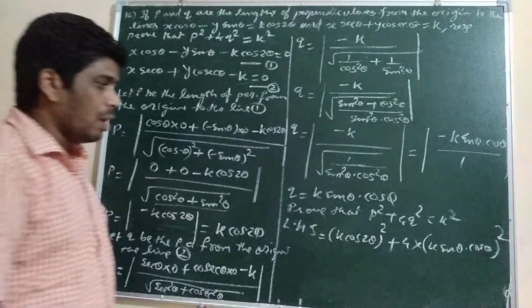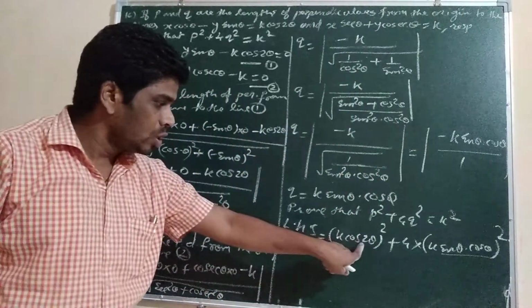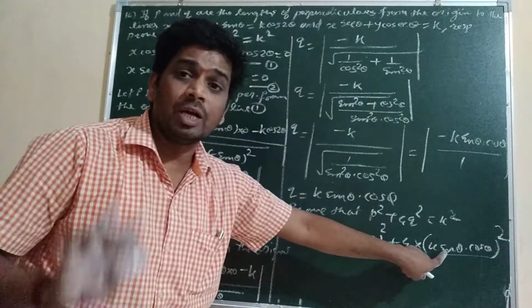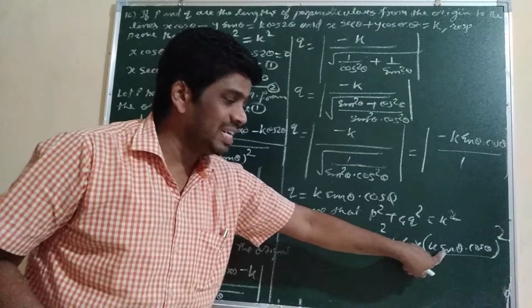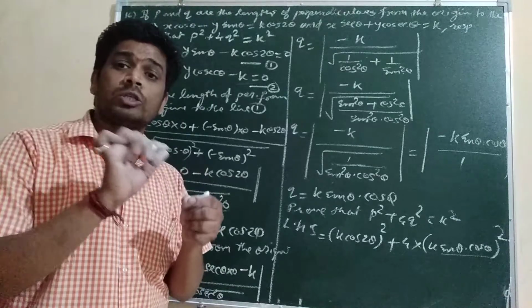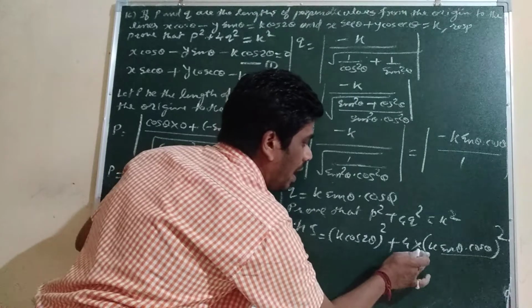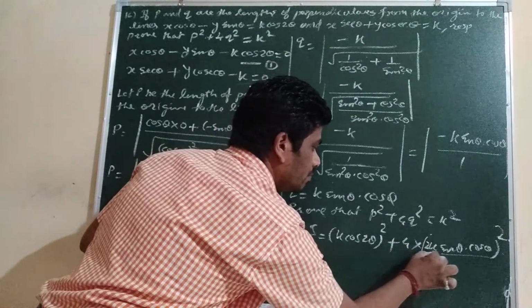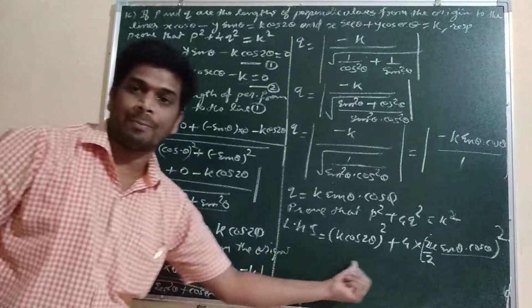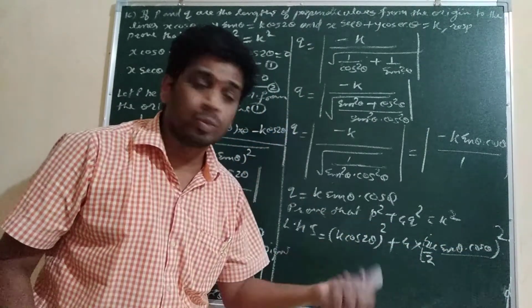Now we know that 2 sin theta into cos theta is sin 2 theta, so we can make this also in terms of 2 theta. We multiply and divide by 2 inside, or we can write 4 by 4 outside.